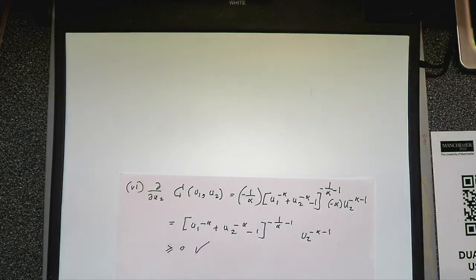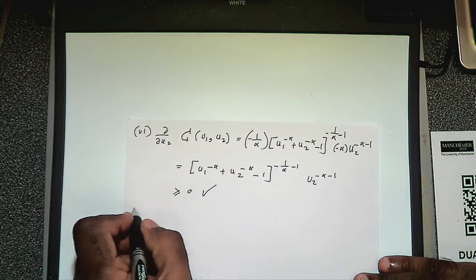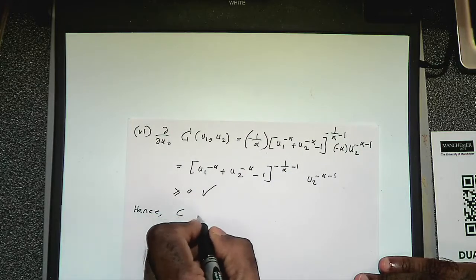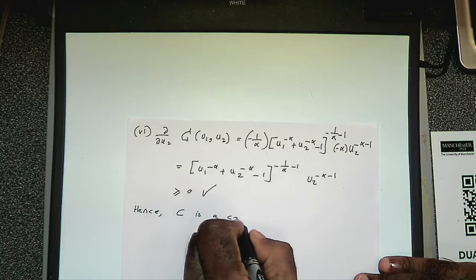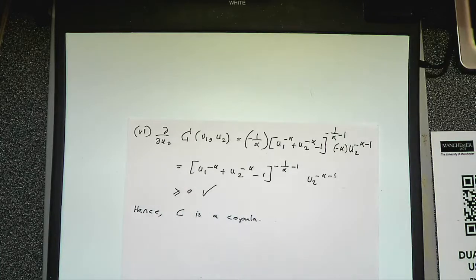So all 6 properties are satisfied, and hence C is a copula. Okay, guys, this is easy, right?